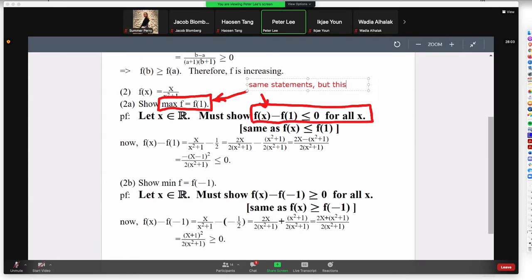But this statement is the mathematical statement. It's the working mathematical statement.